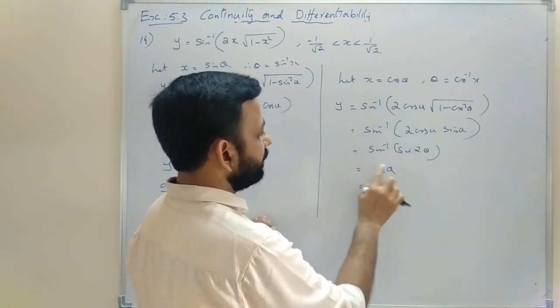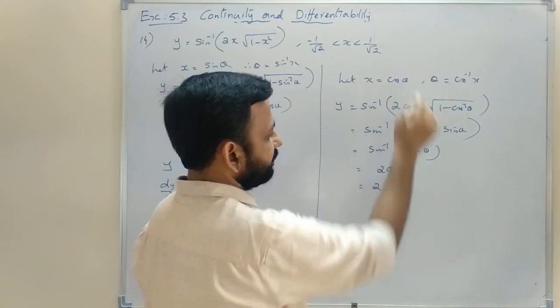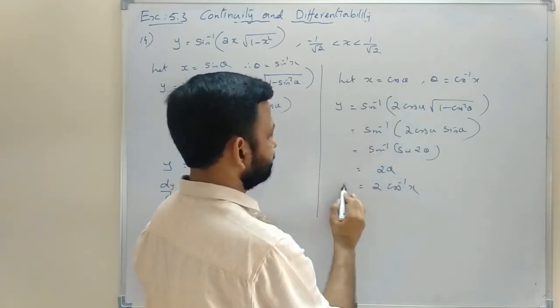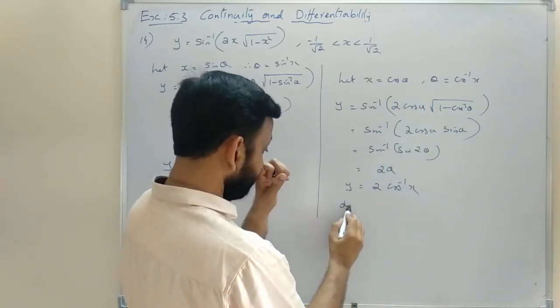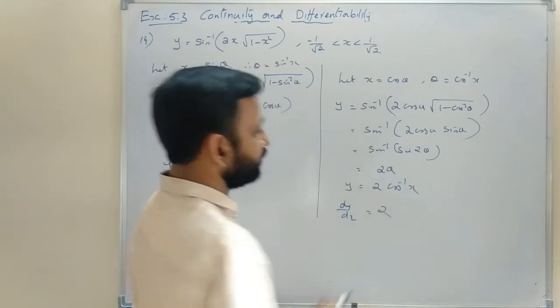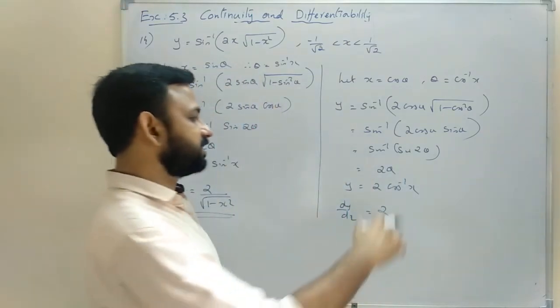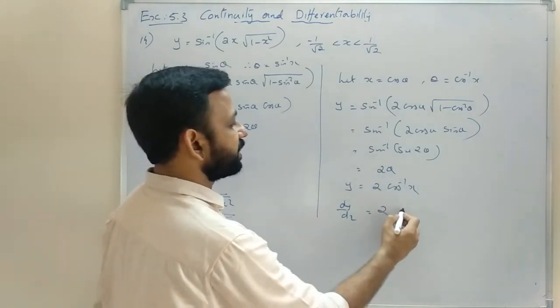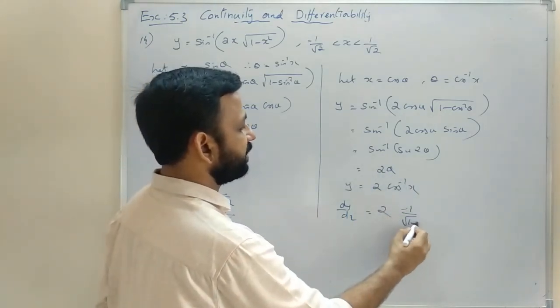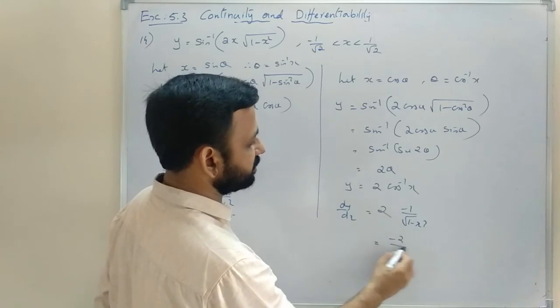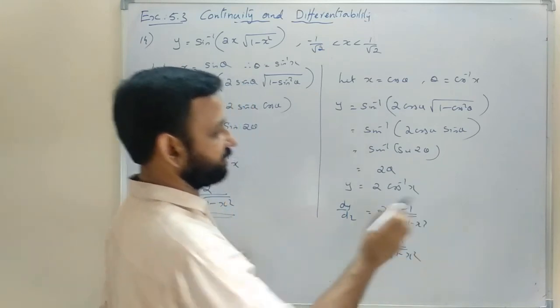Then when we replace theta we will get 2 cos inverse x. And when we find dy by dx, we get 2 into the derivative of cos inverse x. The derivative of cos inverse x is minus 1 upon under root 1 minus x square, and here we get minus 2 upon under root 1 minus x square.